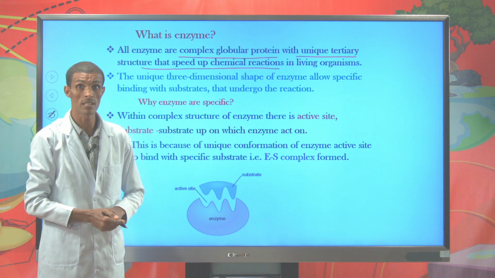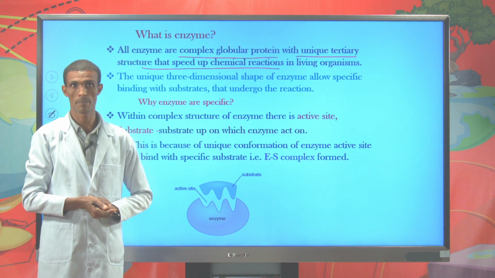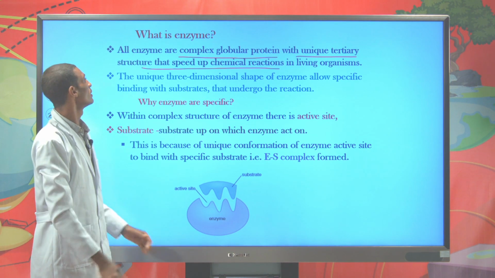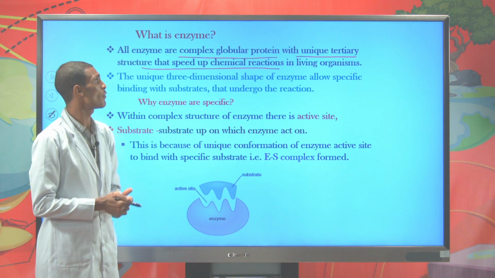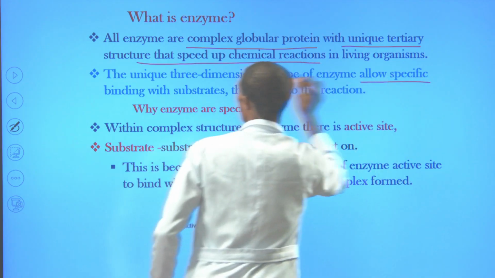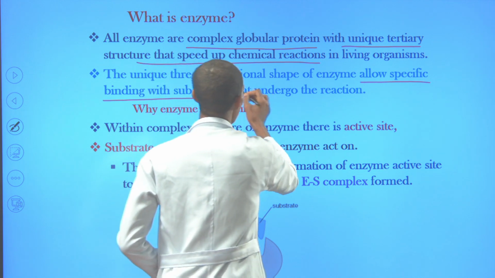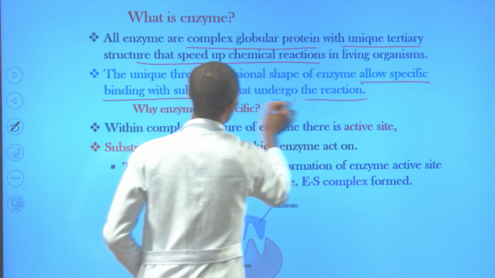As we have seen in our last lesson, enzymes are proteins. And the unique three-dimensional shape of an enzyme allows it to specifically catalyze a substrate, which is very important for the reaction to take place.